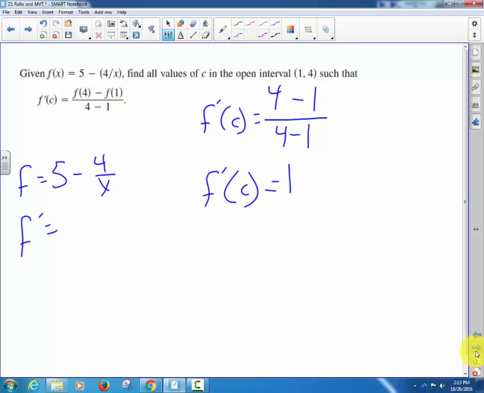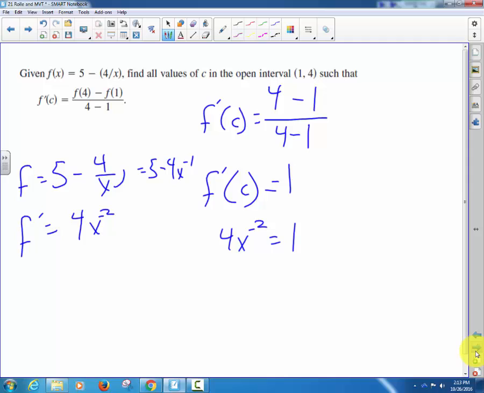What are you going to do for that? Product rule, quotient rule, power rule? Power rule. Bring the x up and make this 4x to the negative 1. So now negative 1 times negative 4 makes it a 4x to the negative 2. So we're setting 4x to the negative 2 equal to 1.